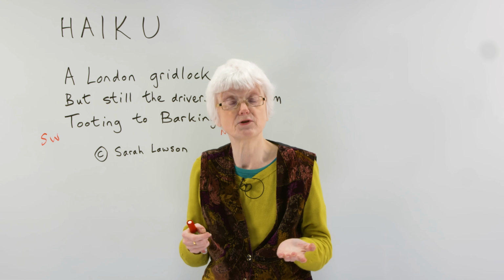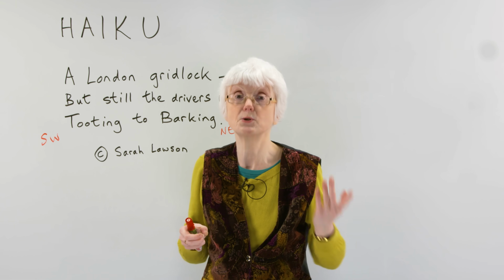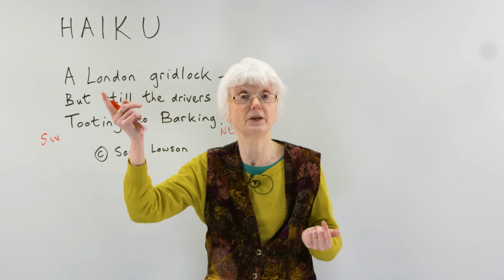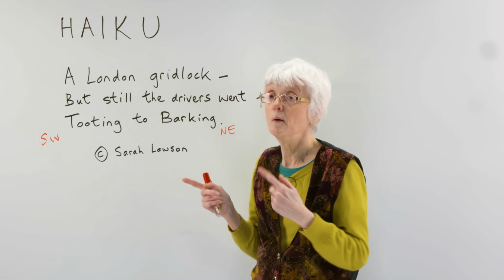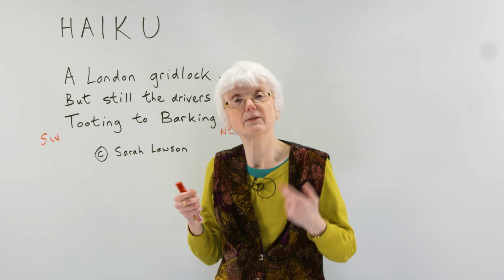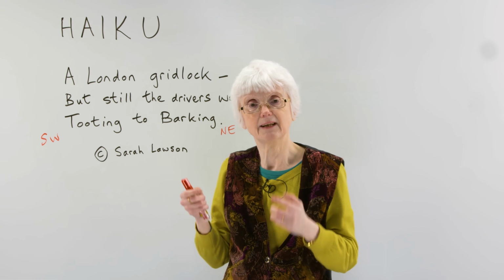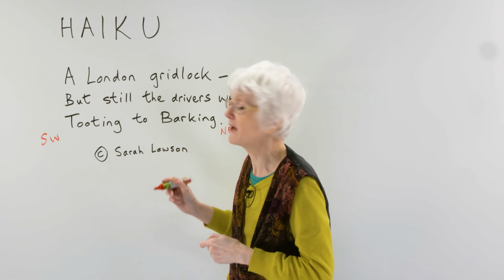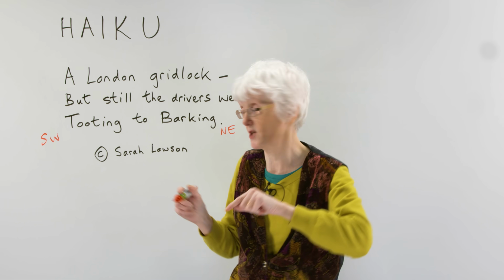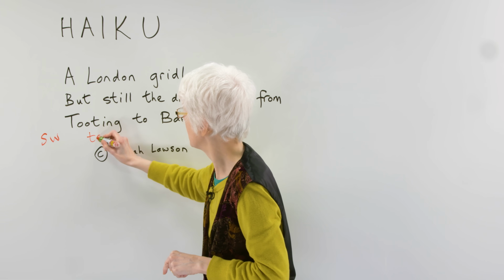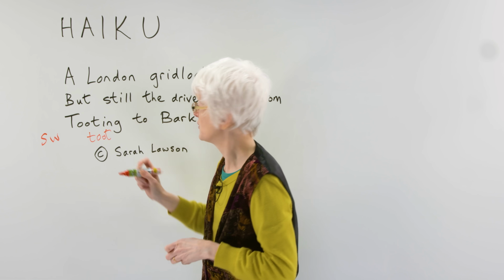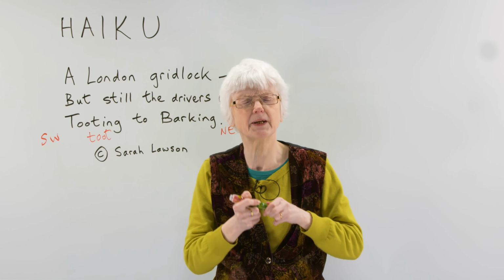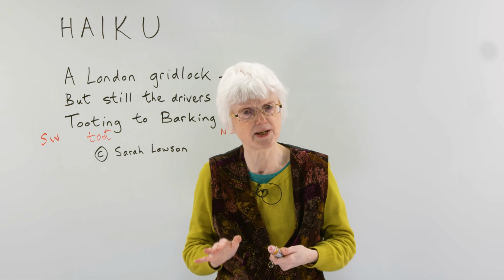So that's the literal meaning. Tooting is a place, Barking is a place. But in addition to that, there's a double meaning here. Tooting, there is a verb to toot. Toot, and it's the kind of word that imitates the sound.